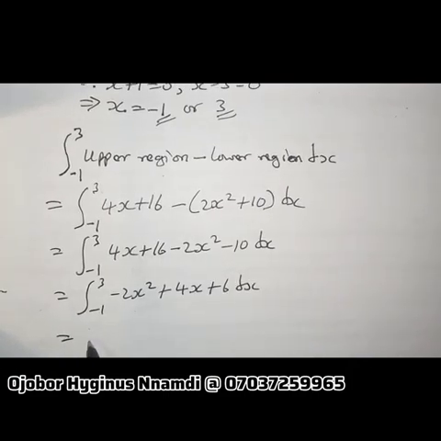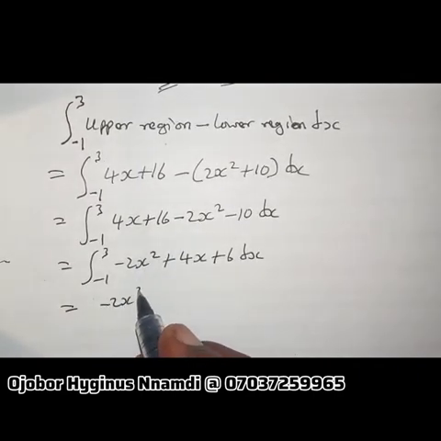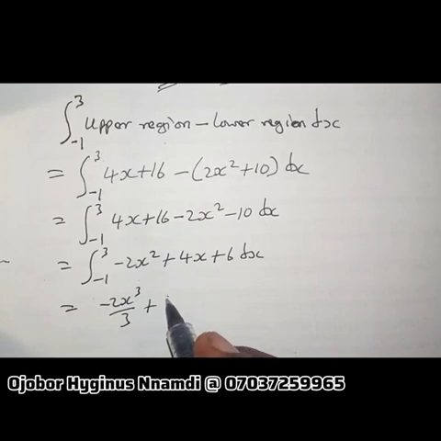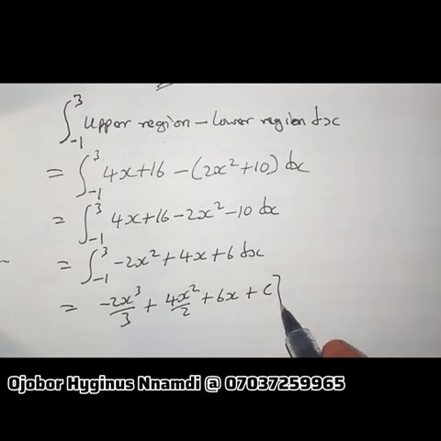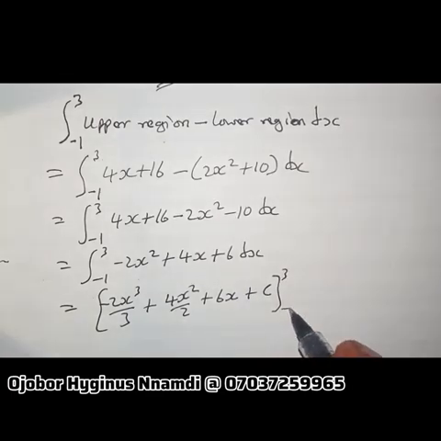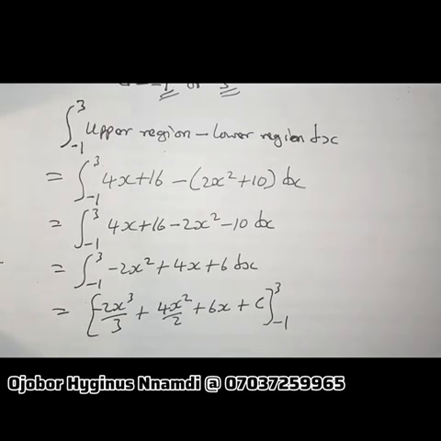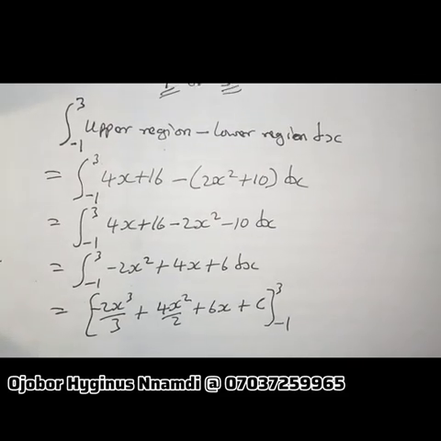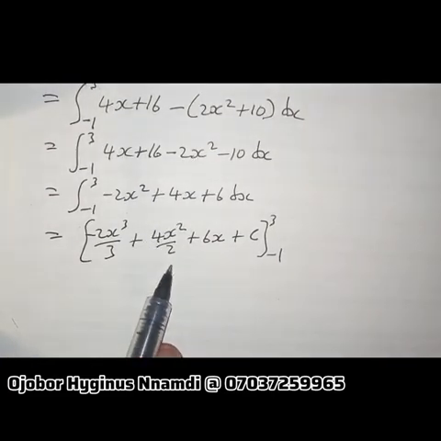And you know that if you integrate this, we're going to have minus 2x raised to the power 3 over 3 plus 4x squared over 2 plus 6x plus c, from minus 1 to 3. So we are going to substitute 3 and subtract the result of substituting minus 1. Of course you know that 4 over 2 is 2.